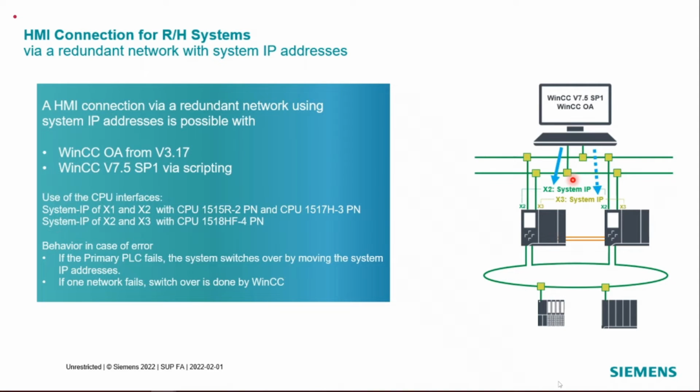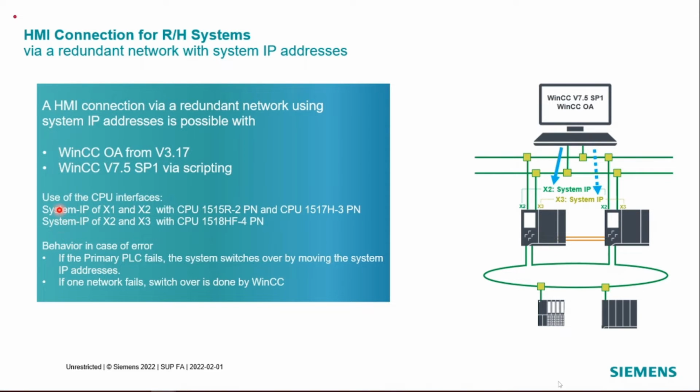In many cases, during checking of the configurations or customer recommendation, the customer wants a redundant network. In that case, we can also have a redundant network with device IP, or a system IP; basically we can use a system IP also.